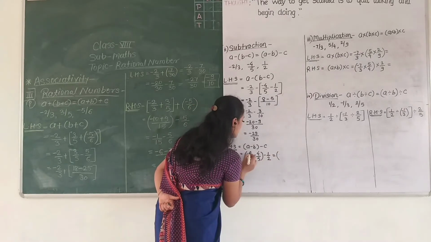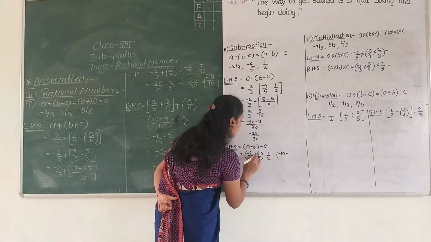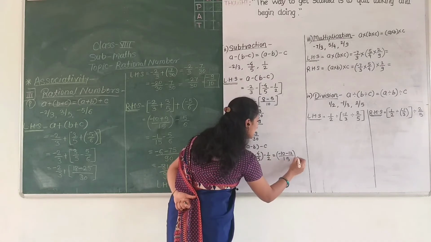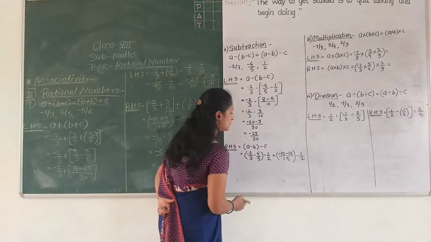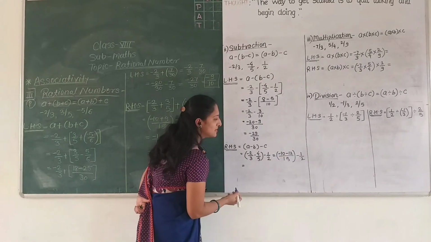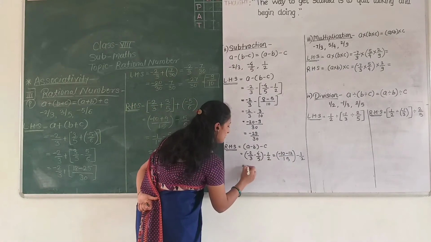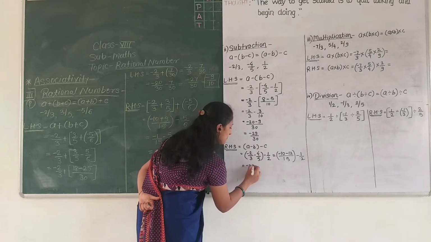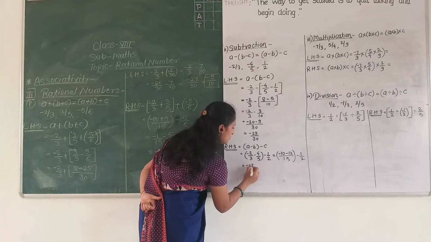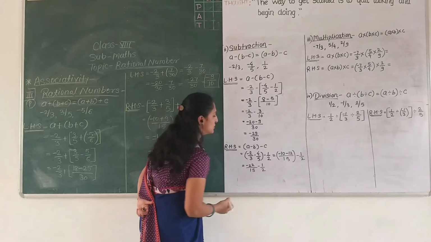So here negative 2 into 5, negative 10, negative 4 into 3 is 12, divided by 3 into 5 is 15, minus 1 upon 2. Now here, negative 10 and negative 12, signs are the same, so take the addition, 12 plus 10, that is 22, and the sign is the same, which is negative. Negative 22 divided by 15 minus 1 upon 2.